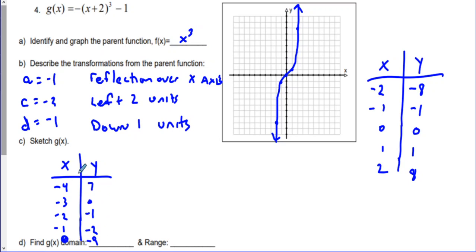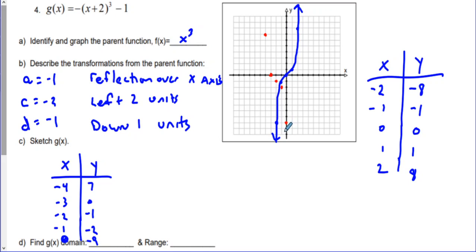So that's my new graph, and I can sketch this. -4 is going to go up to 7, which is here. I have -3, which is going to be at 0. I have -2, -1, and then -1, -2, and then 0 is going to be all the way down here at -9.